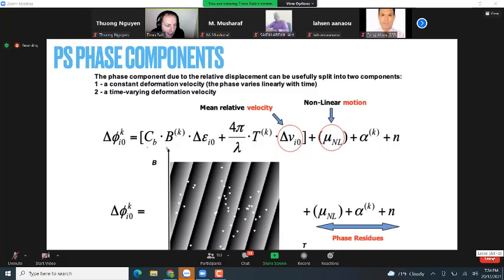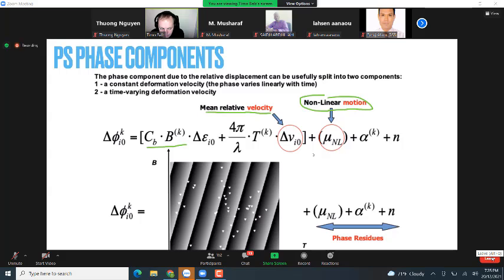We're looking at height together with the baselines, and then we have the relative velocity, an estimation of linear velocity, and there's a temporal difference times the relative velocity of that. We also have nonlinear motion components.